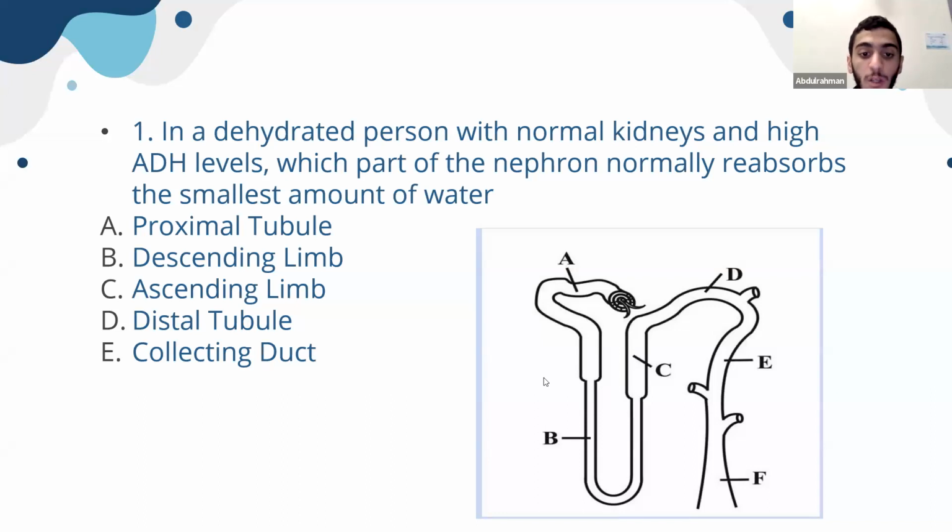Yeah, the smallest amount. Okay, I get your point. You mean that there is a small amount that is reabsorbed, but in C there's actually no water reabsorbed. I guess this could be confusing then. I think when they put the question, their point was having it be C because there's no reabsorption of water.